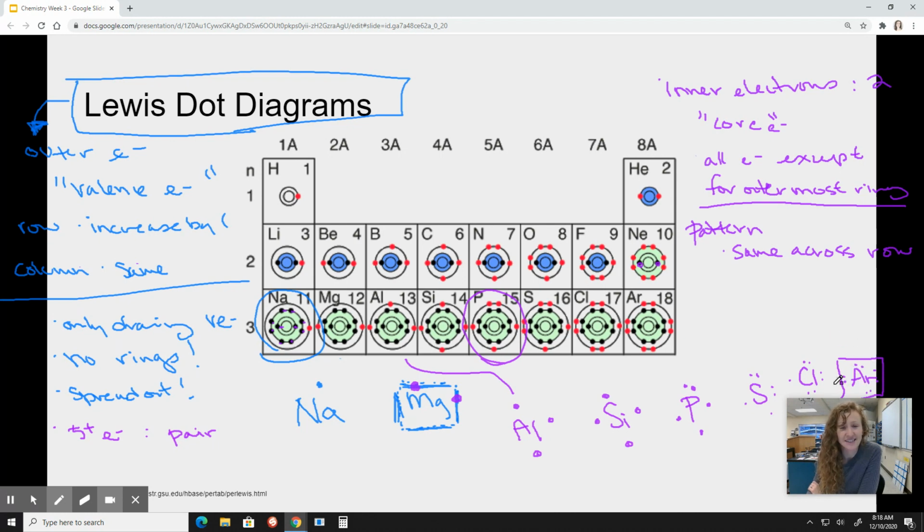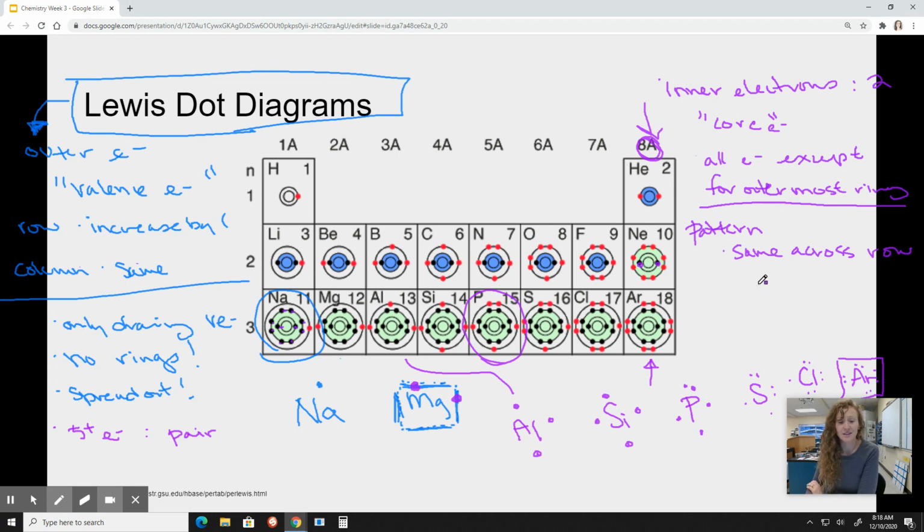And again, that's going to come with some patterns and some implications for reactivity. You may already know a little bit about this family in the 8A column. You may already know the name of the family, and if you know the name of the family, you probably also know how that family reacts.